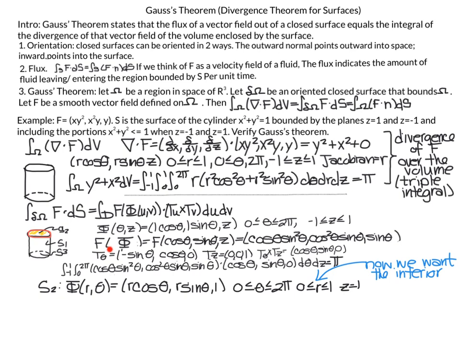I moved some things further up so that I had room to do S2. So S2, I colored in the area that we're doing here. This is the yellow and the red area. And I need to parameterize it.